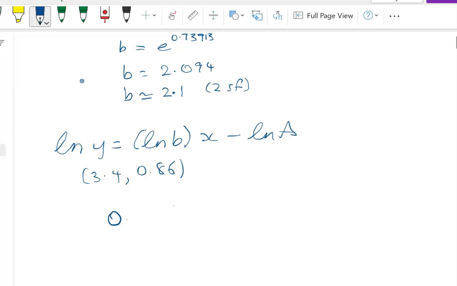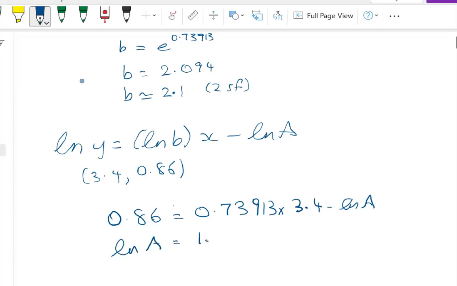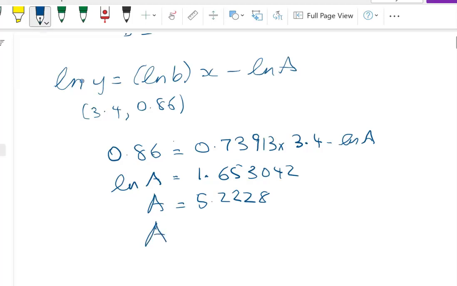That gives me 0.86 is equal to 0.73913 times 3.4 minus the natural log of a. Ln of a works out to be 1.653042, and that gives me, when I e both sides, A is equal to 5.2228. So again, rounding that to two significant figures, we get A is equal to 5.2.